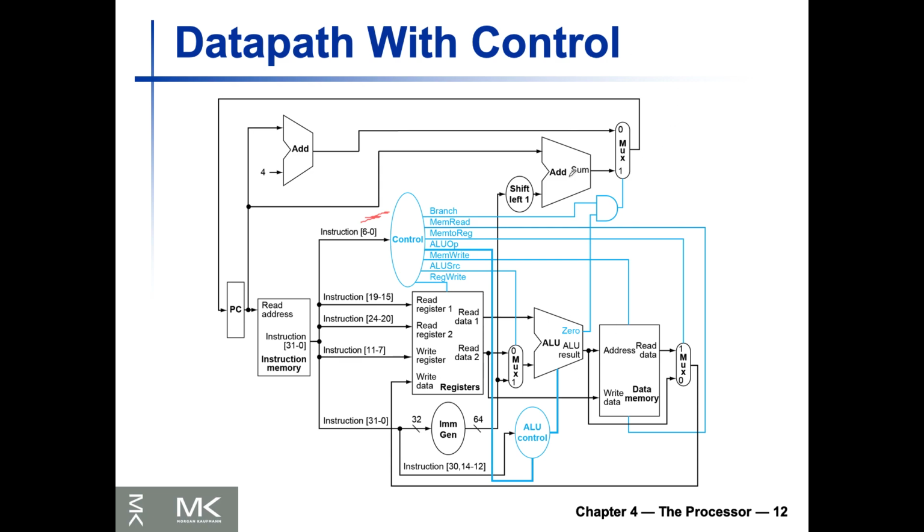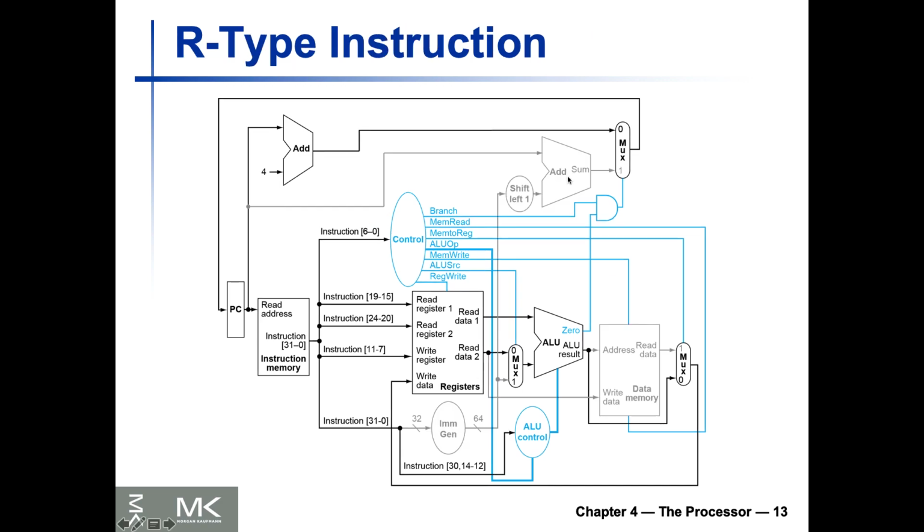So with this datapath with control, we can just do the control for our 3 different instructions that we talked about before. So the R type instruction, right? You see the different colors. So those that are activated and those that are not. So for the R type, we don't need this because it's for the branch, right?